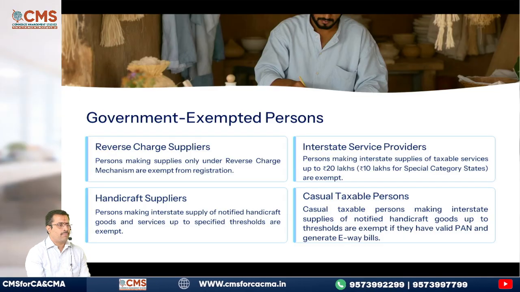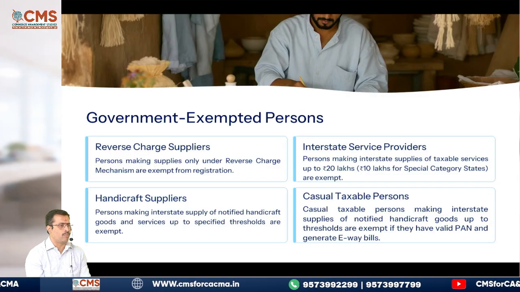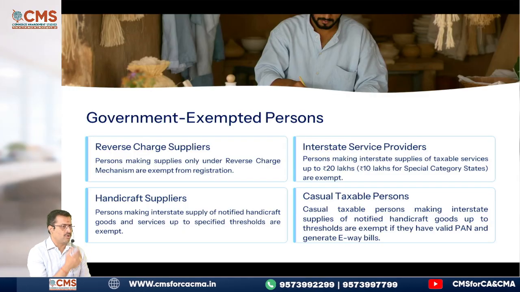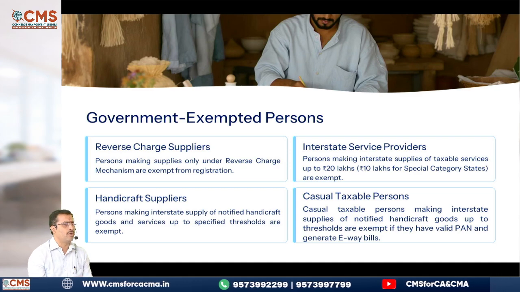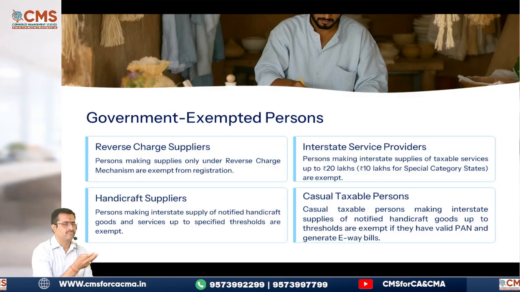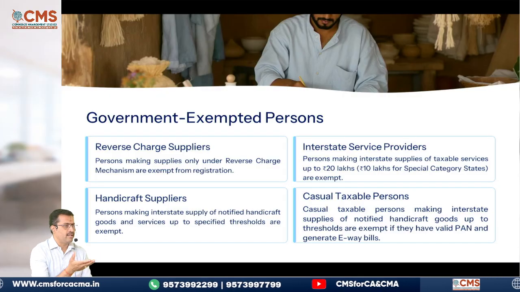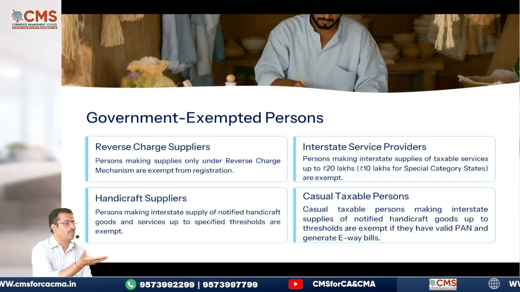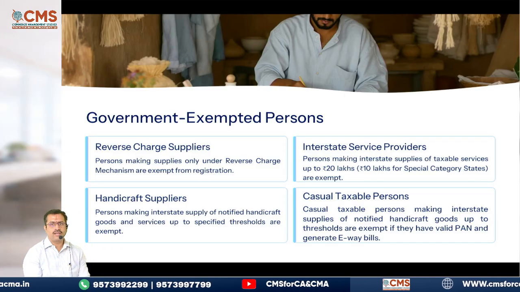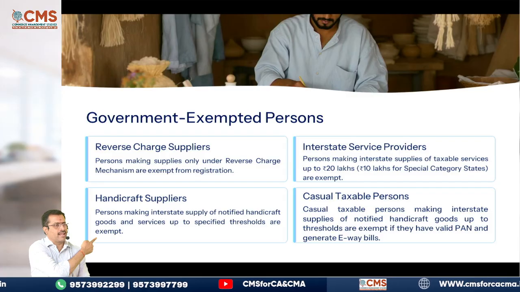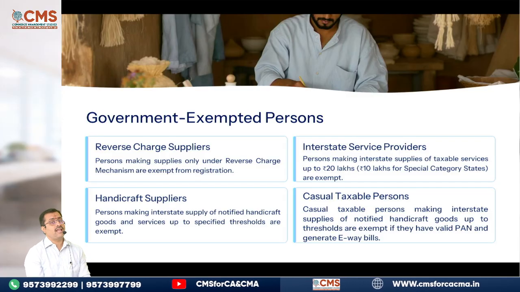The persons who are supplying handicraft goods also, in order to promote those villages from giving that handicraft goods. What is that Bommalu they say? What is that village name for that Bommalu? Kondapalli Bommalu, correct. So that Kondapalli Bommalu and all, those who are manufacturing, everything is exempt from GST. Lastly, casual taxable persons.